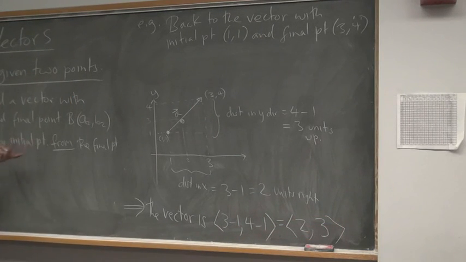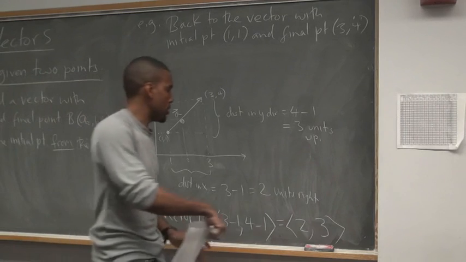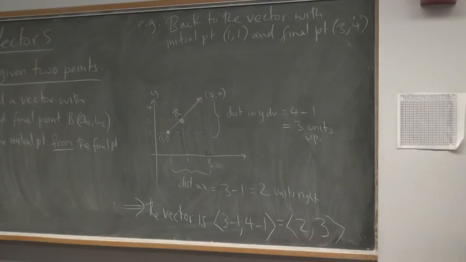We subtract because we're finding the distance between the 2 points. Right? So it's always going to be subtract. So if you were given 2 points, which you're going to be given that a lot, you take the final point, subtract the initial point, and that actually gives you the vector that connects the 2 points, because that's how you find the distance that you have to travel in each direction. We're going to do that a lot, so you should know how to find the vector connecting 2 points.